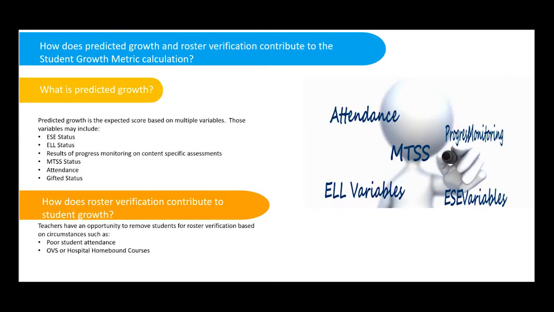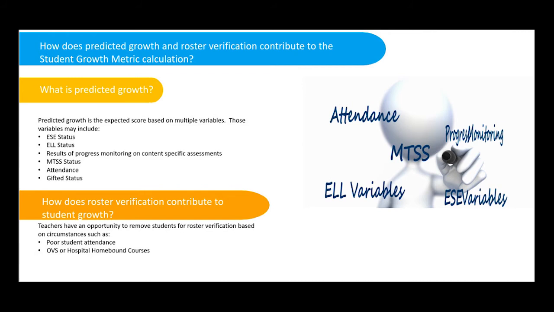I bet you are wondering how we will determine growth without a prior year's district or state assessment. We do this by collecting data from sources we already have or are receiving from work you are doing with students. These sources help us determine a student's predicted growth. Predicted growth is the expected score based on multiple variables.